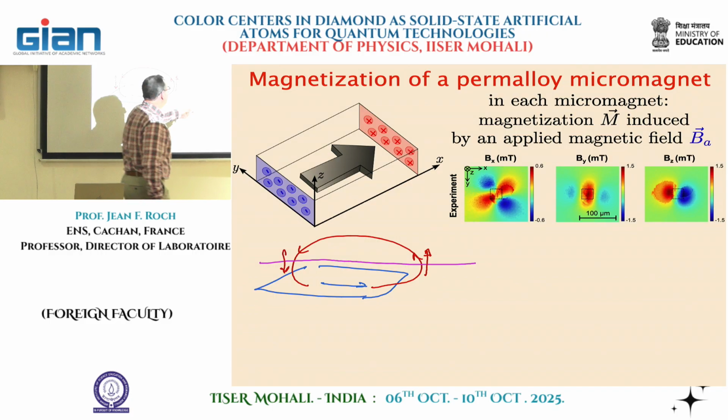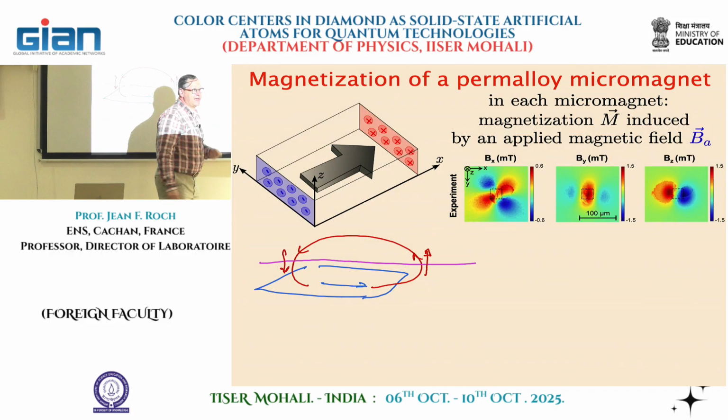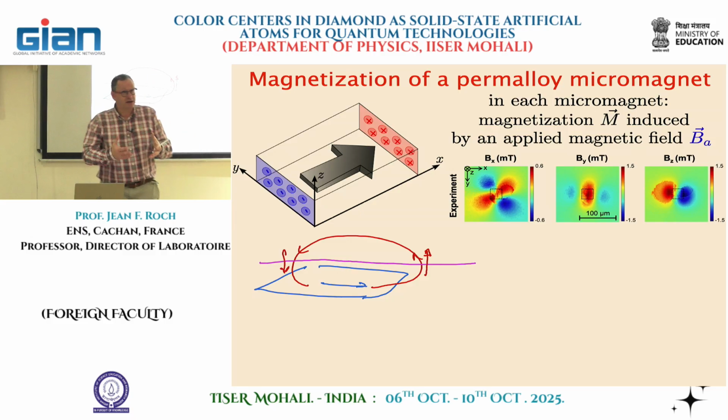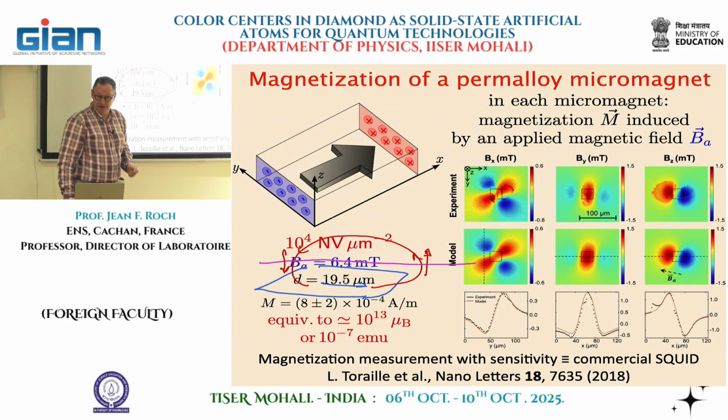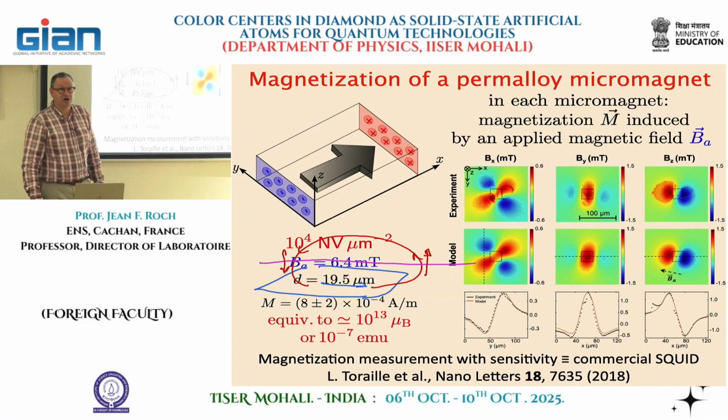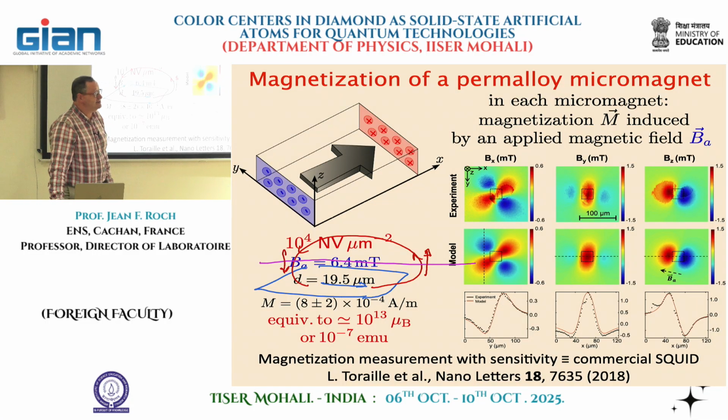Now I have the two measurements, and what I can do from that is fit those images to get a quantitative measurement of the magnetization produced in the dot, and you have a lot of tools of micromagnetism for doing that.